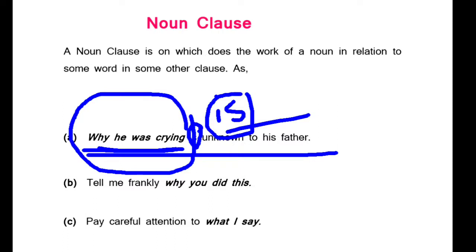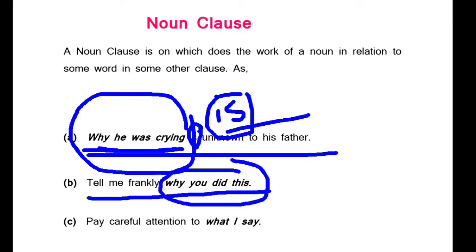So this is the subordinate noun clause, because we know that a subject must be a noun or a noun equivalent.